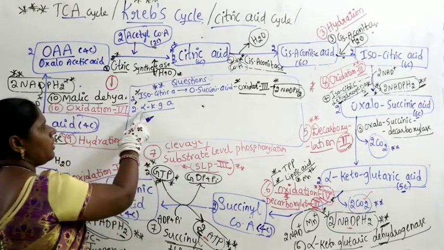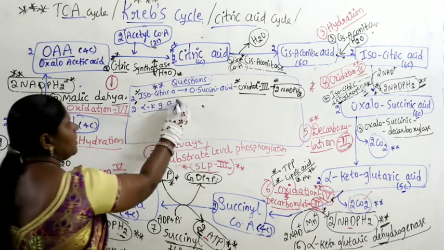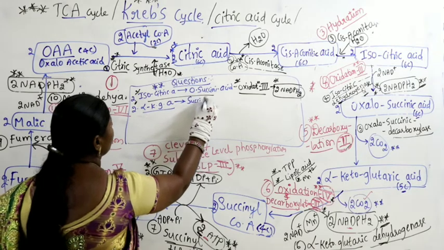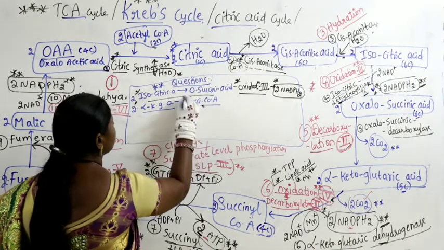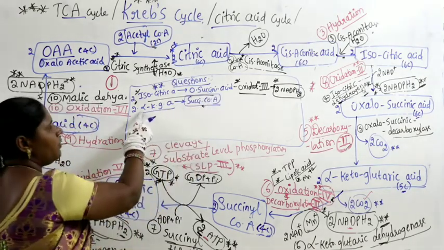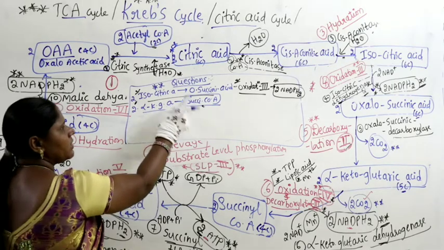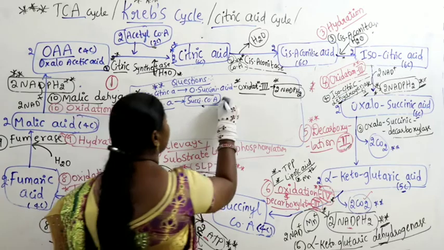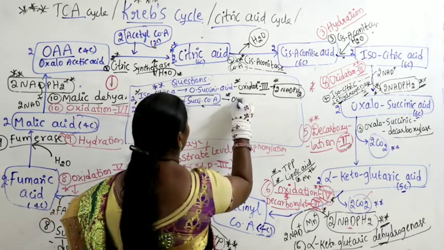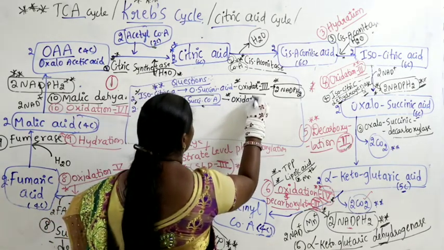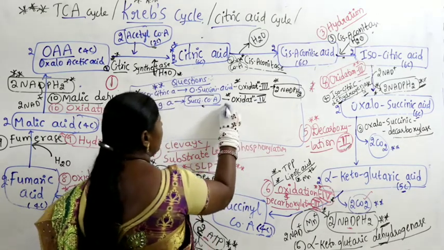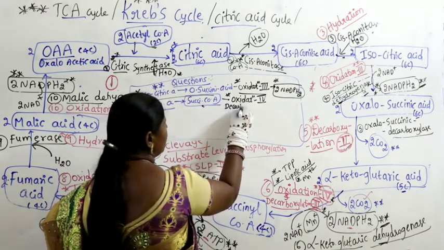Alpha ketoglutaric acid converts into succinyl CoA. What is that? Oxidation number 4, which itself is also called decarboxylation number 3.